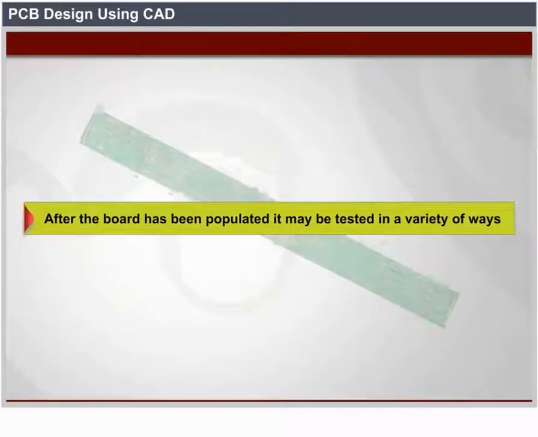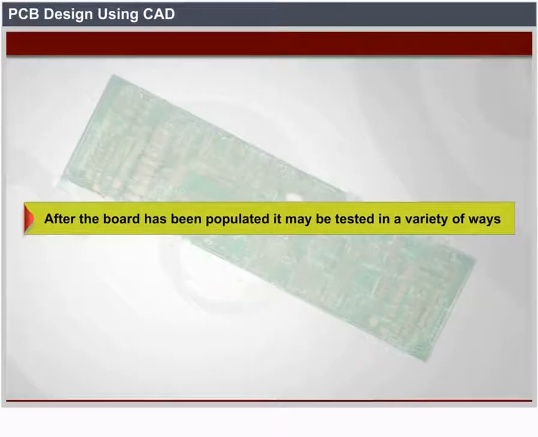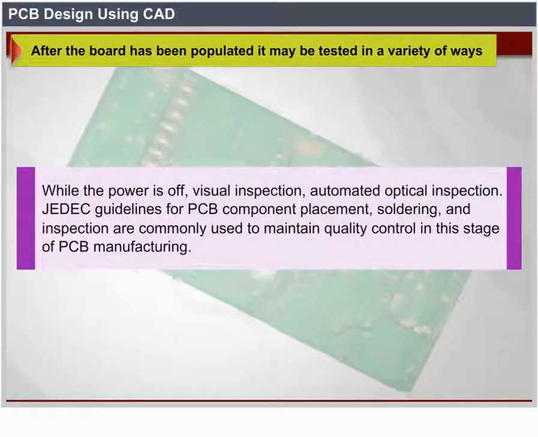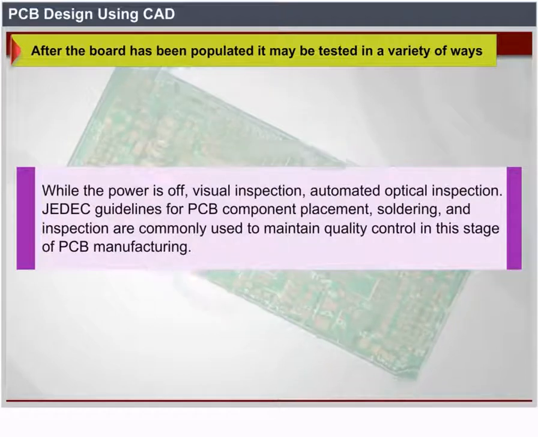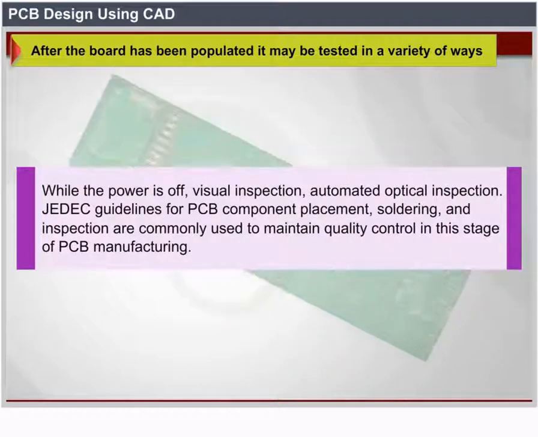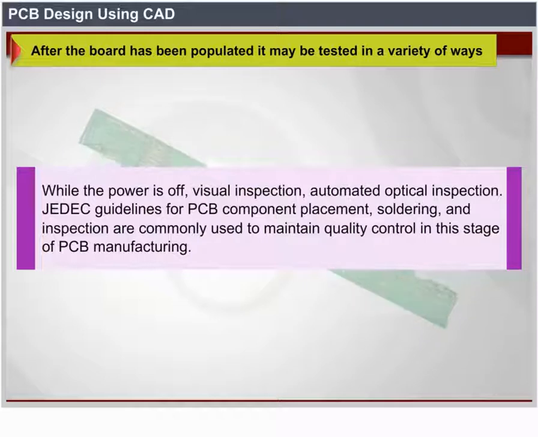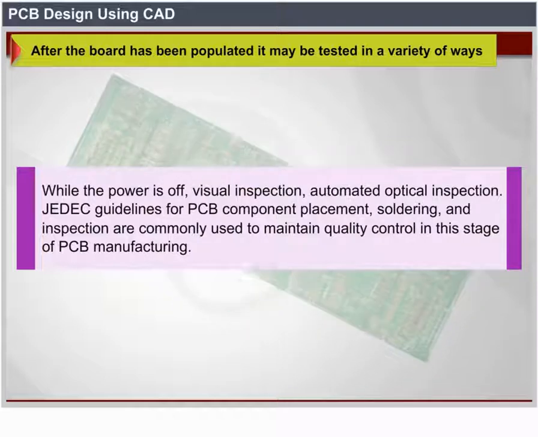After the board has been populated, it may be tested in a variety of ways. While the power is off, visual inspection, automated optical inspection, and JEDEC guidelines for PCB component placement, soldering and inspection are commonly used to maintain quality control in this stage of PCB manufacturing.